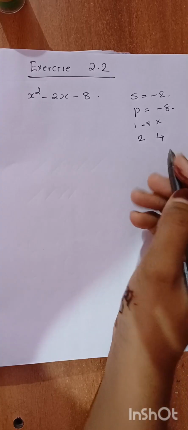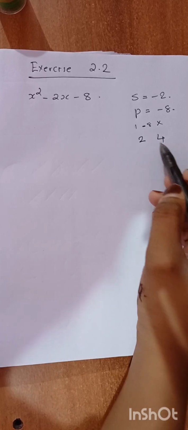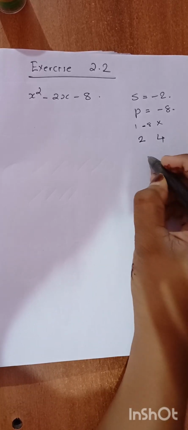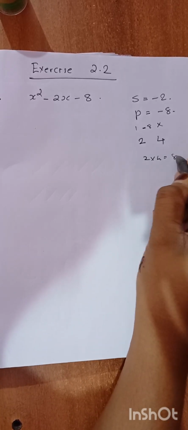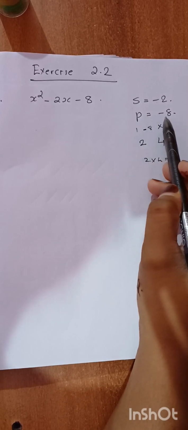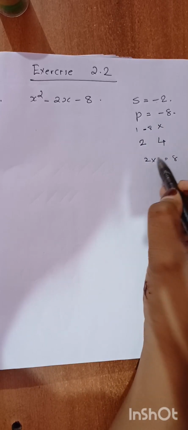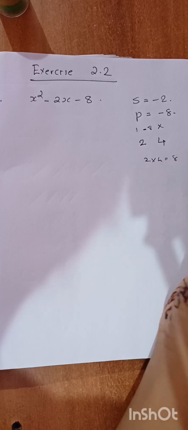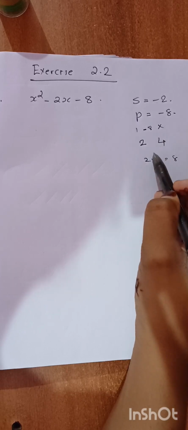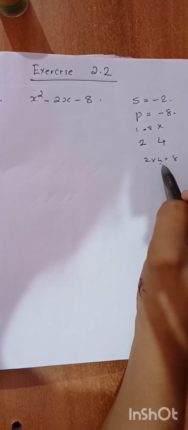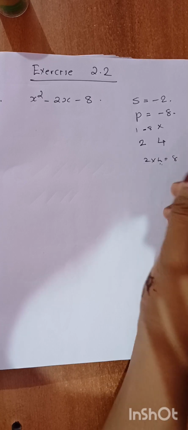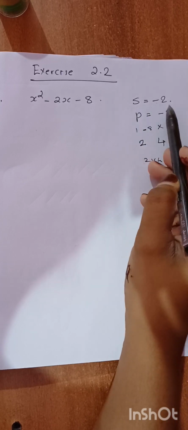And what about the other one, 2 and 4? Here we can check the numbers 2 and 4. Then 2 into 4 is 8, right? Product has a negative sign. That means one of the numbers, 2 or 4, has a negative sign. Then you have to check whether the smaller or the larger number has the negative sign by looking at the sum. Sum has a negative sign.